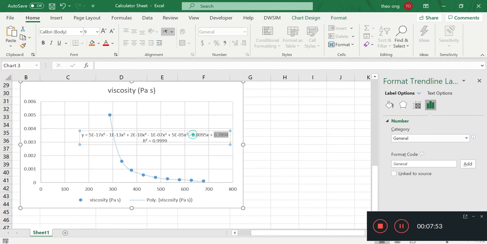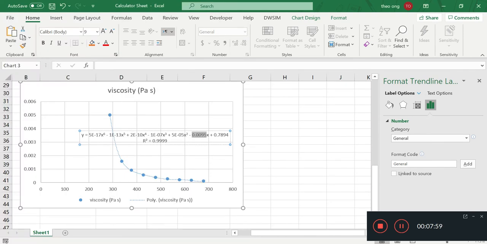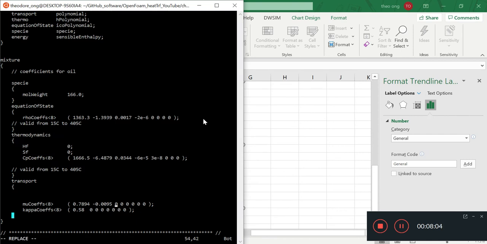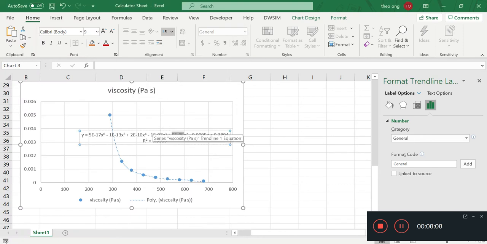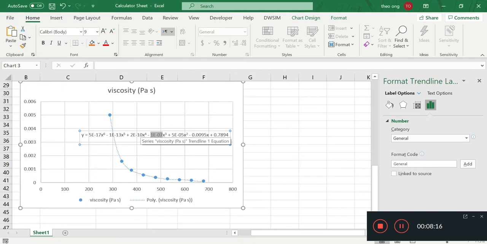Now, second one is this, which is a negative, minus so and so. Third is 5e minus 5. Fourth is a minus 1e minus 7, so minus this much. Fifth is this, 2e minus 10.